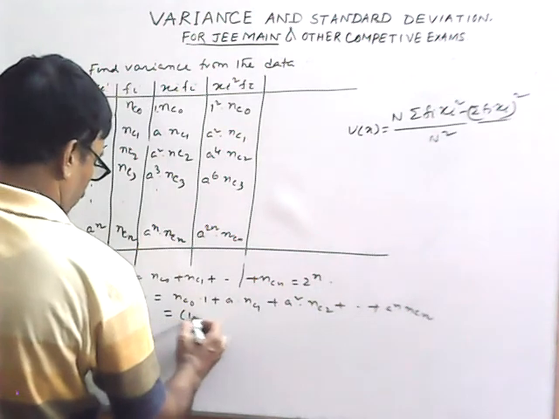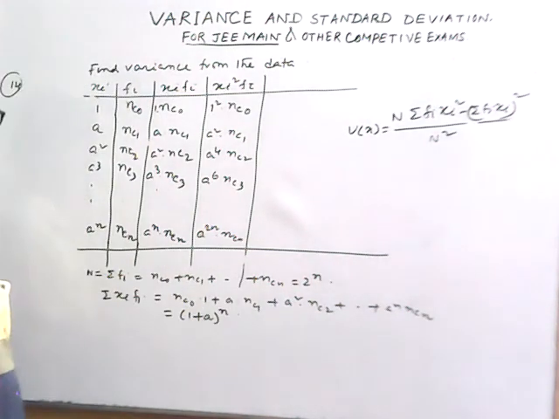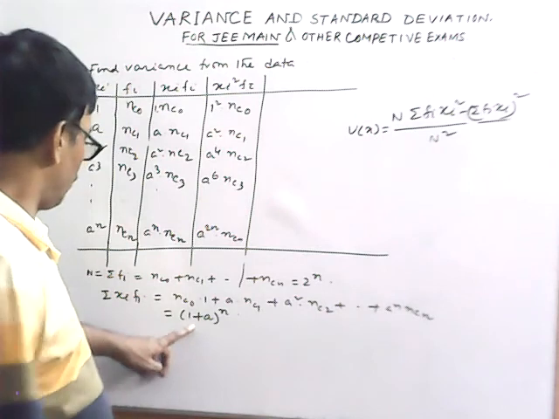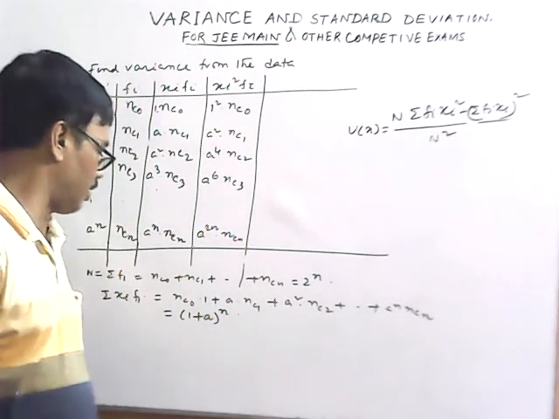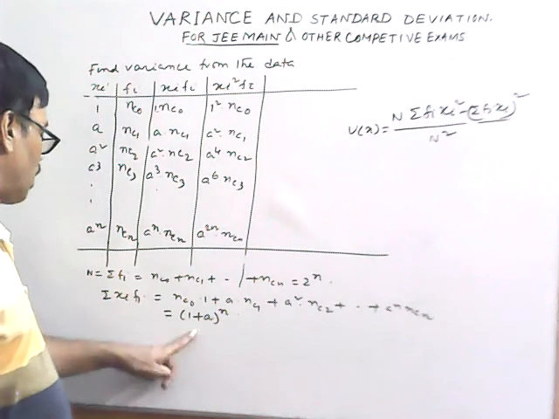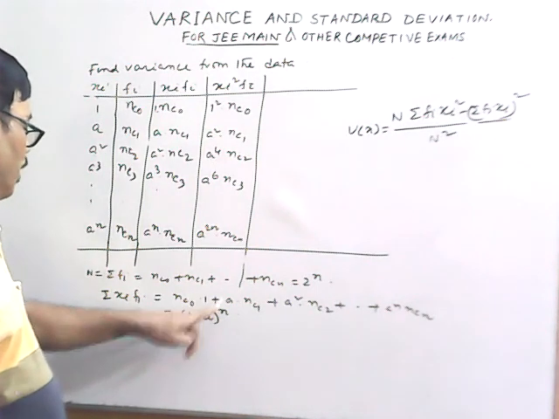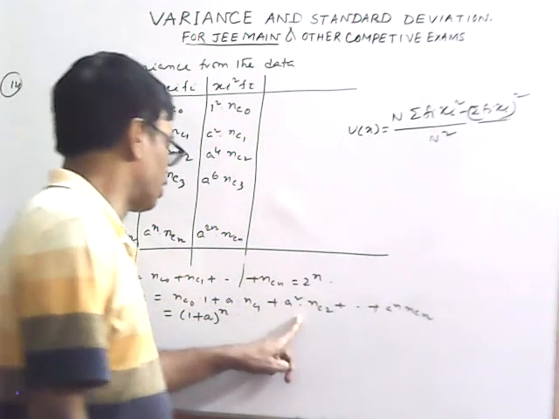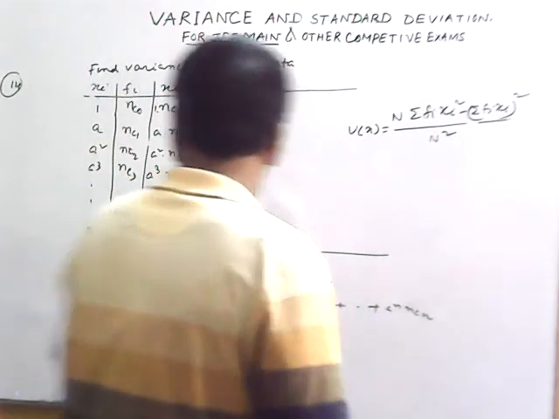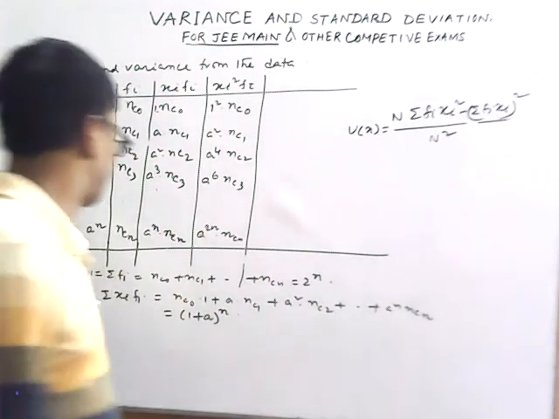So look, from the binomial theorem, 1 plus a whole to the power n. In reverse form, if we expand it, we get what? First term is nC0 into 1, second term nC1 into a to the power 1, nC2 into a square, nCn into this. This is 1 plus a whole to the power n.